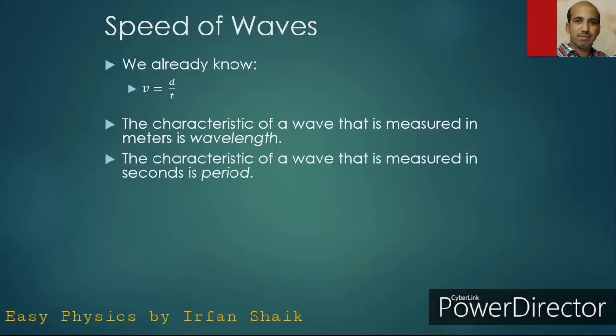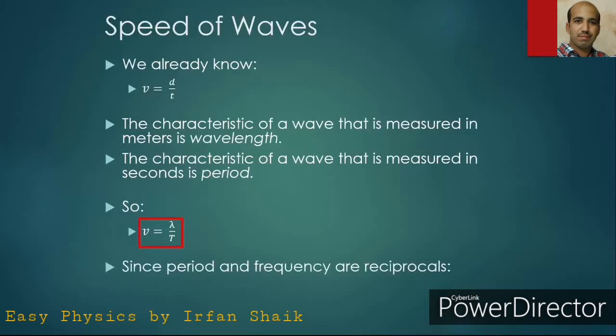The characteristic of a wave that is measured in seconds is period. So we can write the equation as v is equal to lambda by T. That is, speed of a wave is equal to wavelength divided by the time period. Since time period and frequency are reciprocals, we can write the equation as v is equal to f lambda.